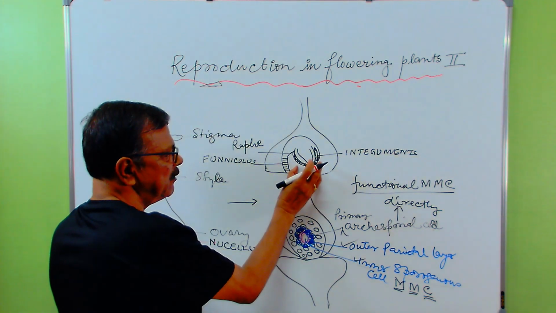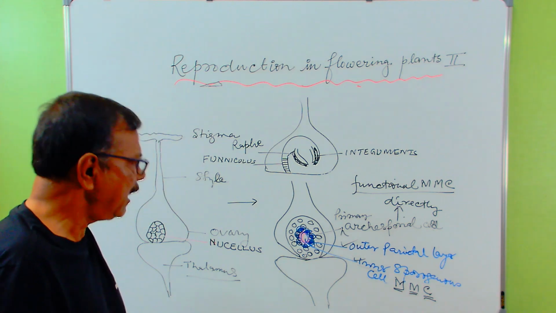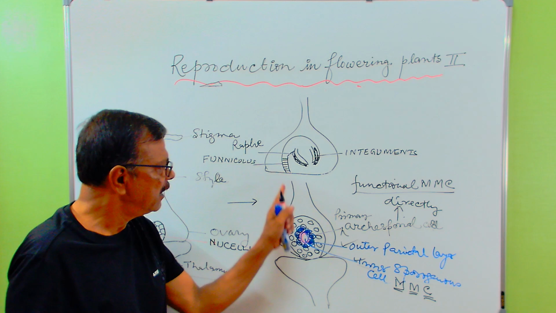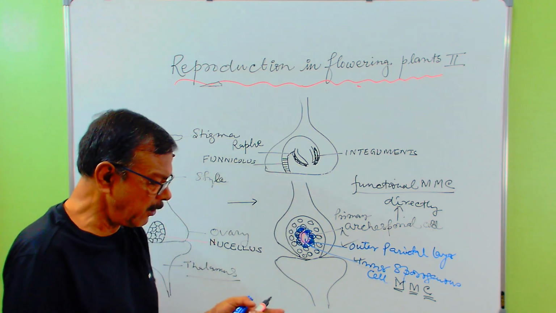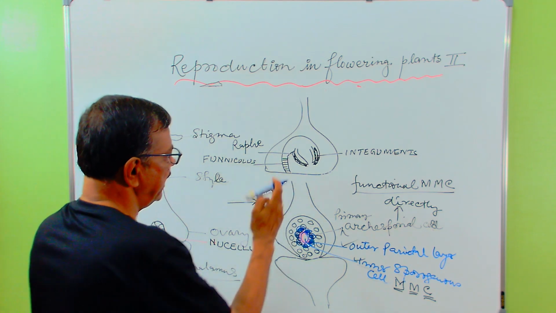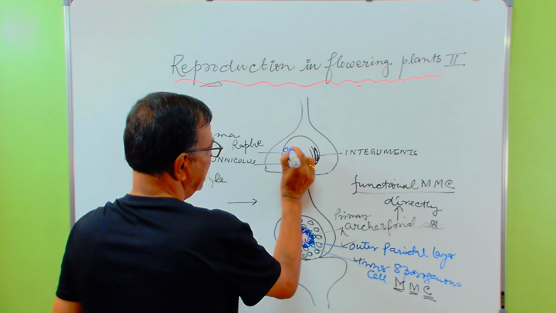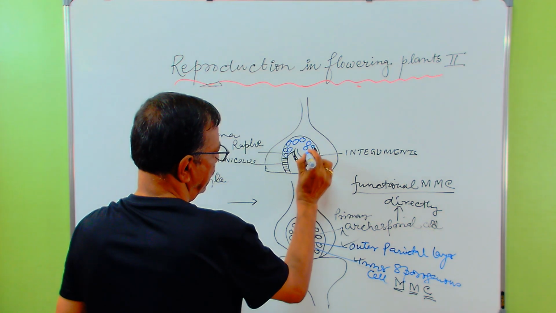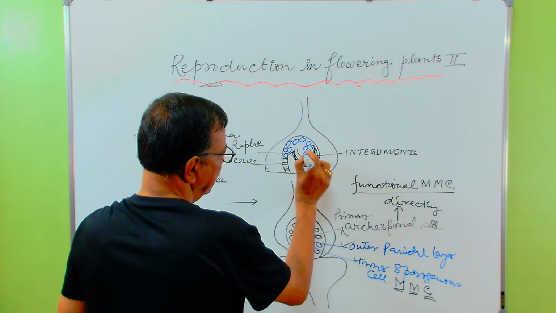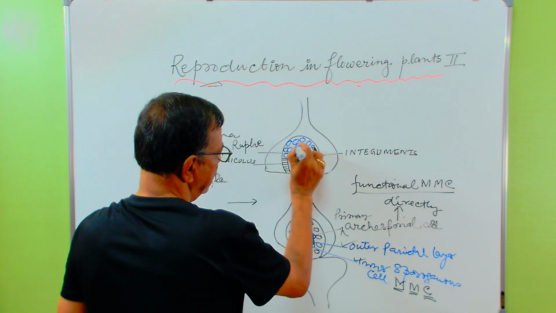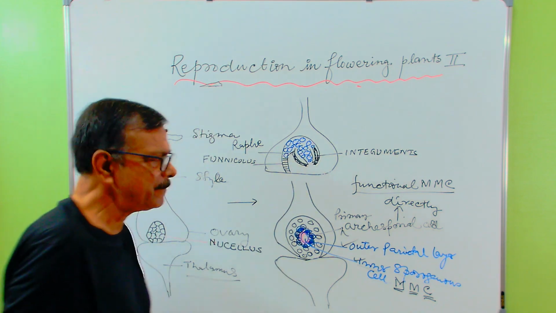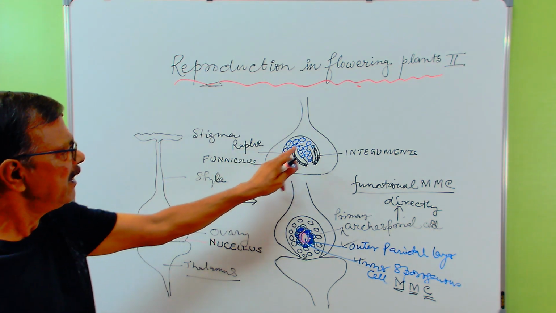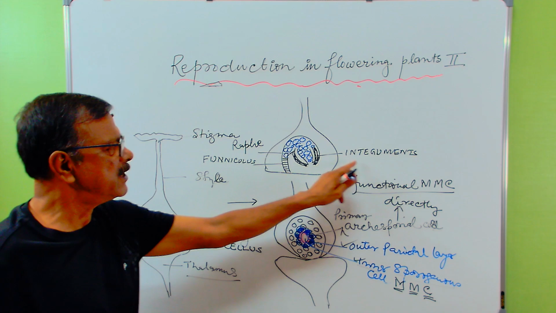Inner and outer integuments are produced, and as the growth continues, it is raised on a stalk-like structure with numerous cells, leaving an opening on one side. This portion is known as the funiculus, this is known as the raphe, and the outer covering is known as the integuments.